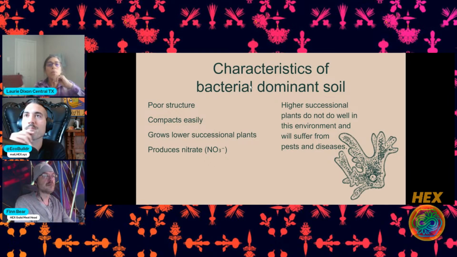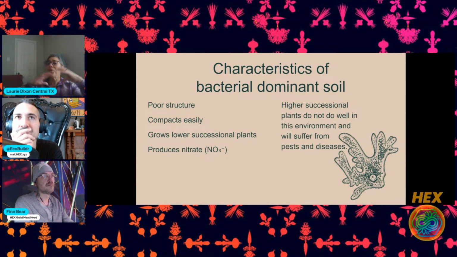What are some of the characteristics of a bacterial dominant soil? You're going to see poor structure, no aggregation, and it compacts easily. That means you don't have passageways through your soil. The passageways not only allow gas exchange, which is hugely important, but it's also where the roots grow and where the microorganisms travel.